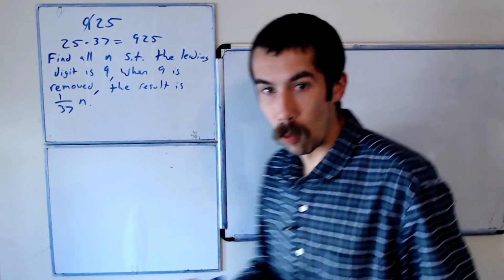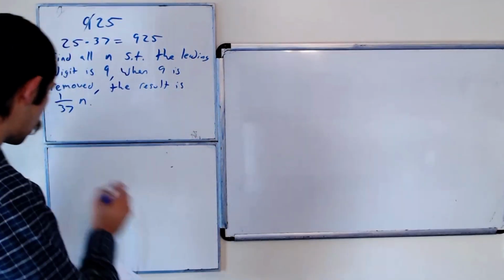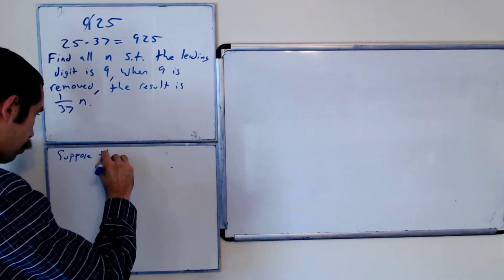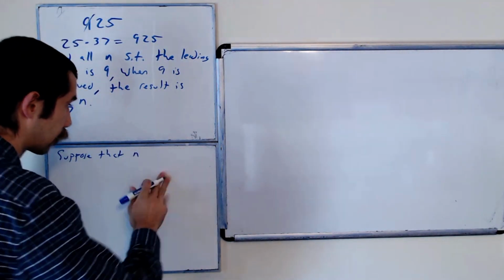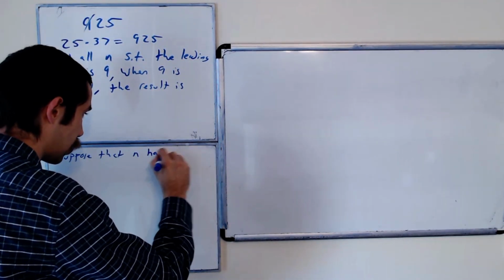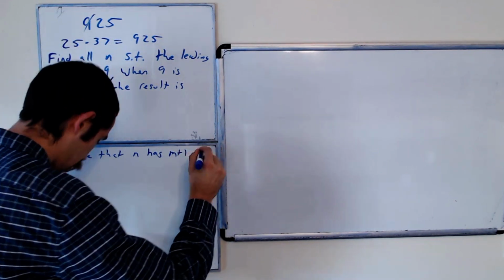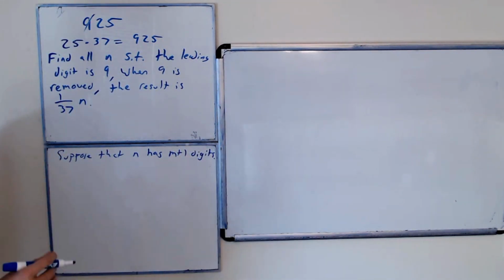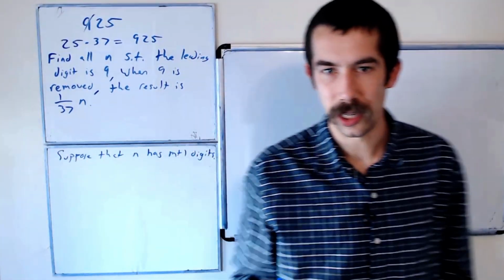Okay, welcome back. So let's suppose that n has m plus 1 digits. So it's going to be an m plus 1 digit number.